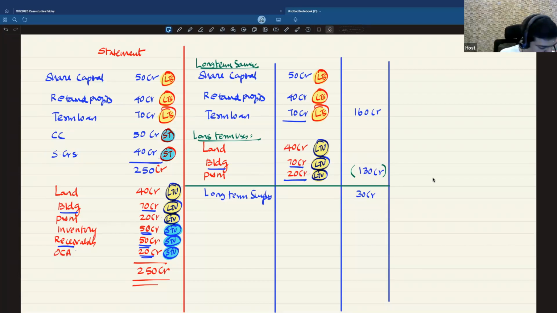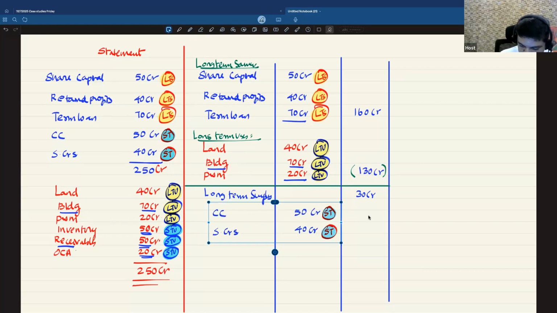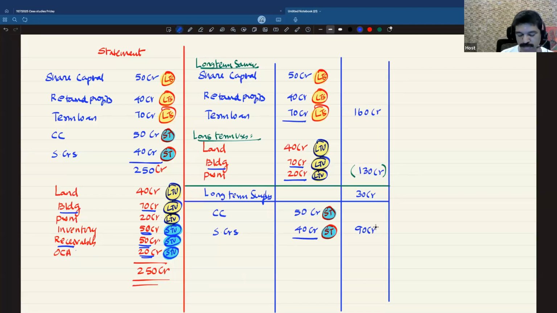Let us bring that here. This is their short-term source. I'll just put one line and close this for the moment. What is their short-term source? It is 50 plus 40 and it is 90 crore.